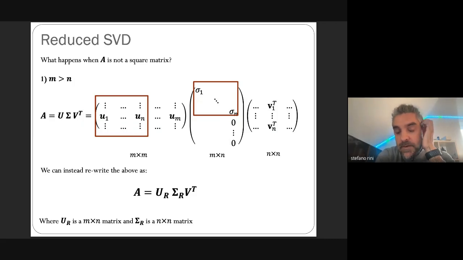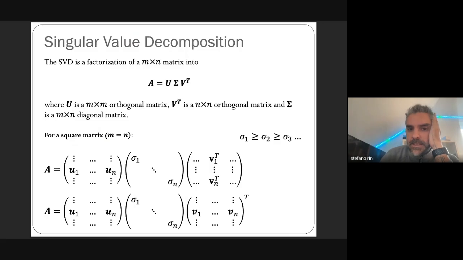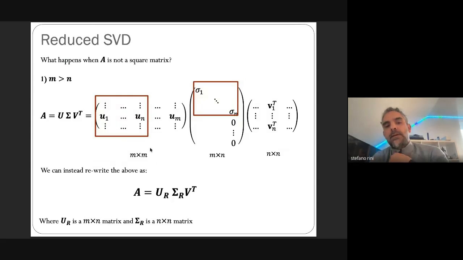So what happens if we have a non-square matrix? The easy case is the case in which we have m equal to n. So these are all square matrices, so nothing happens. But what happens if we have a matrix which is non-square? Then the middle matrix, the sigma matrix, starts having this block diagonal form.